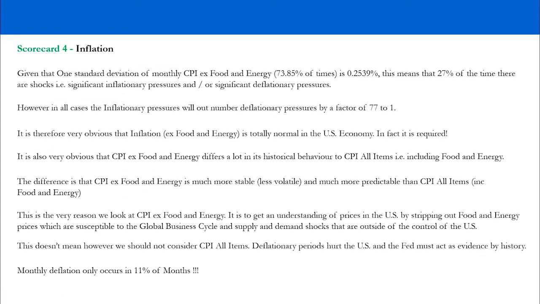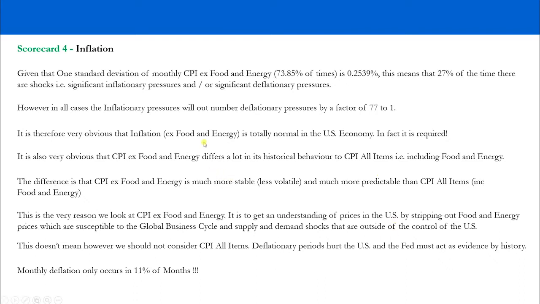Now, given that one standard deviation of the monthly CPI number ex food and energy occurs 73.85% of times, and that it's 0.2539%, this basically means that around 27% of the time there are abnormal situations outside of this range, and they can be considered as shocks, things that happen in the minority of cases.